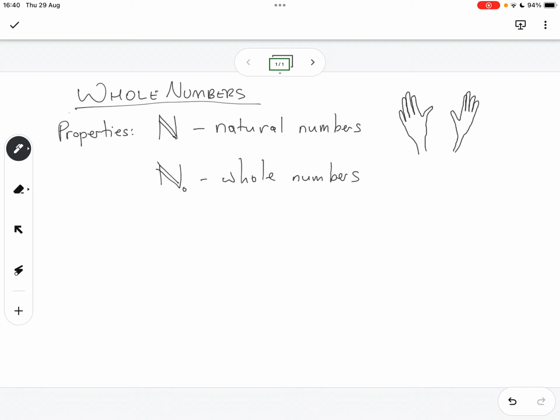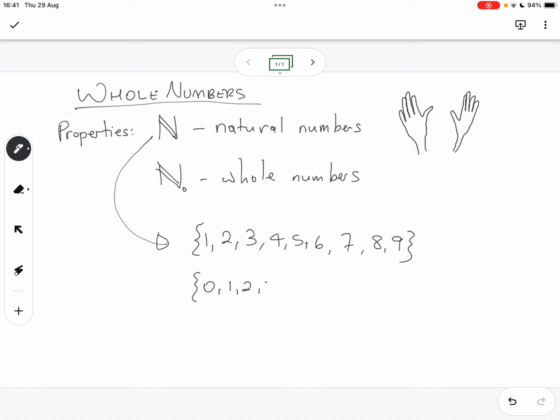So let's start here. Natural numbers would be 1, 2, 3, 4, 5, 6, 7, 8, and 9, right? And then whole numbers would be 0, 1, 2, 3, 4, 5, 6, 7, 8, 9.